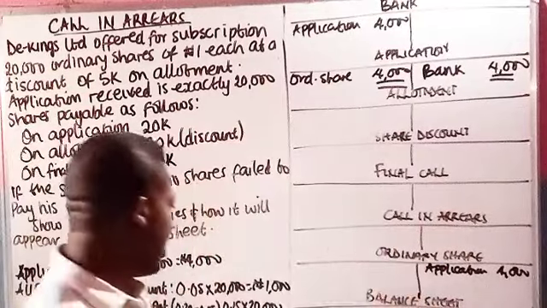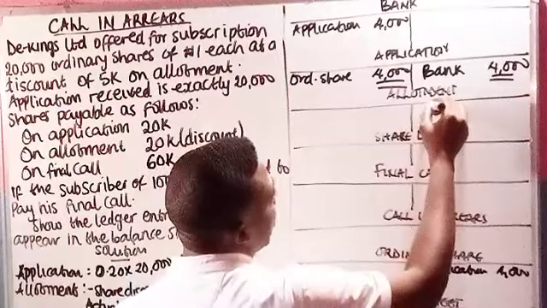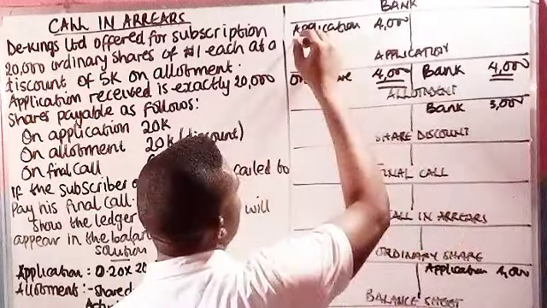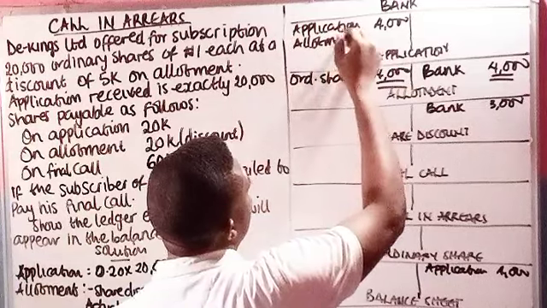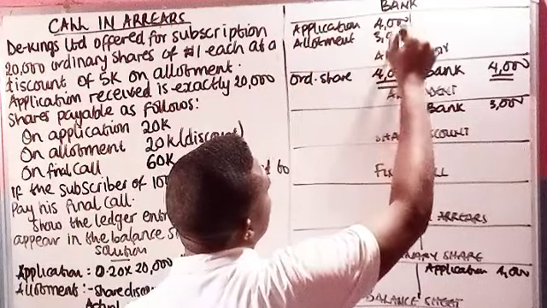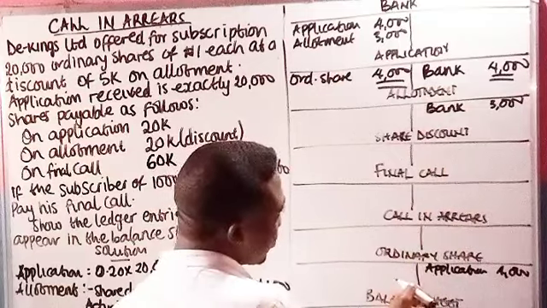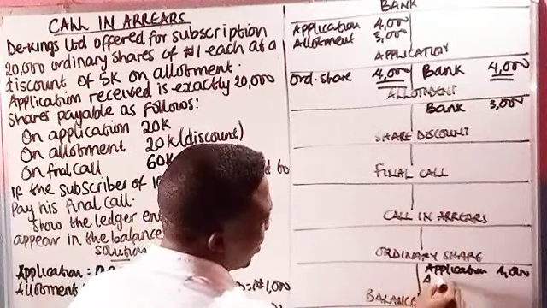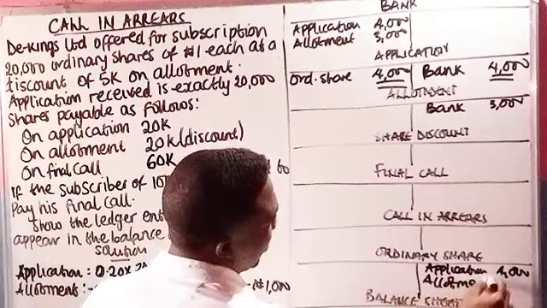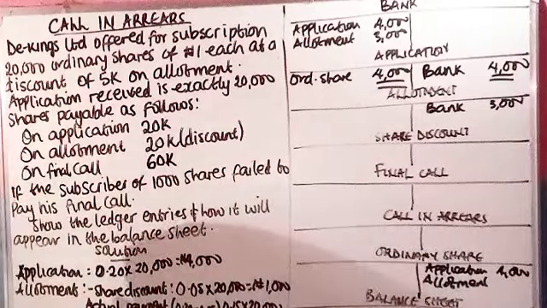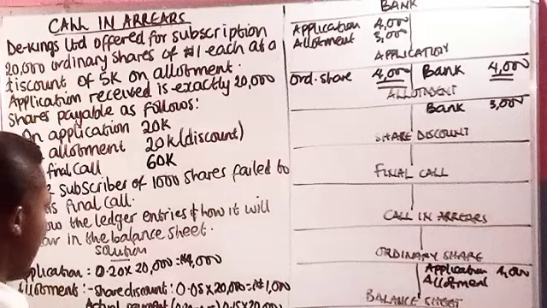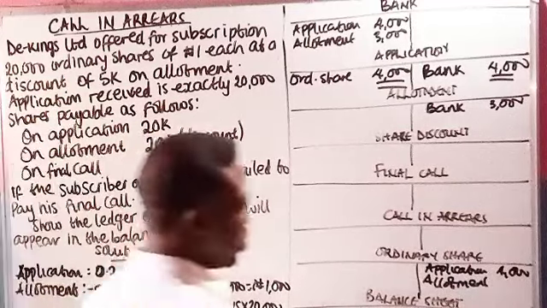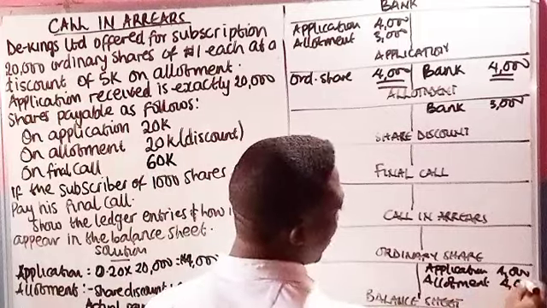Okay, so the next one will now be on allotment. The amount paid is 3,000. So we'll have the bank 3,000 received here on allotment 3,000. Remember, the shares will be allotted based on the face value, because this is on discount. The face value is 20 kobo, which when you multiply it will still give you 4,000. So the allotment will be 4,000.